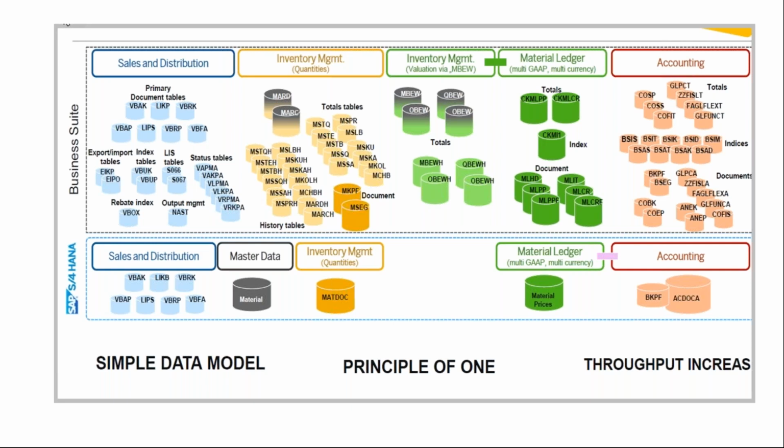If you see on the top, you have your business suite. This is all the tables that are existing in HANA. All the status tables, all these LIS tables, all the index tables. Previously many sales people would have used the two tables VBUK and VBUP.